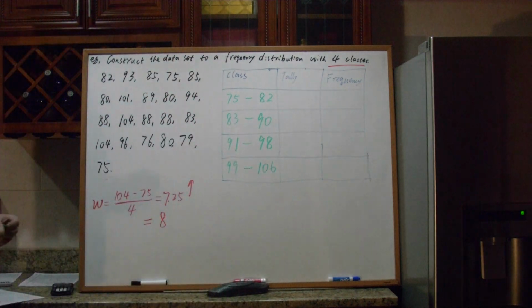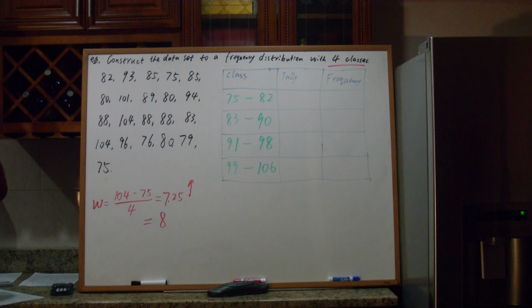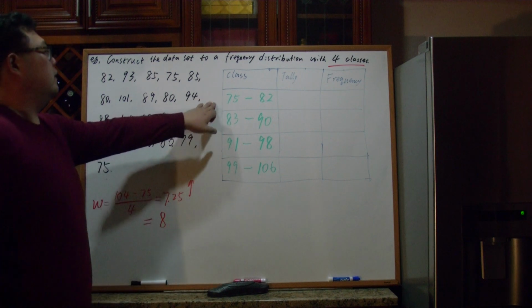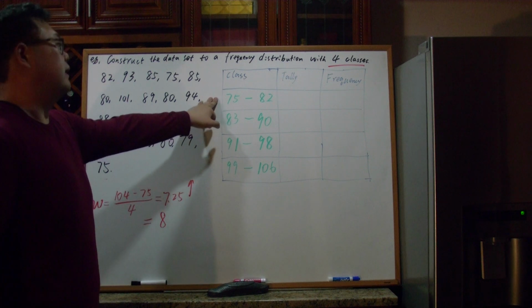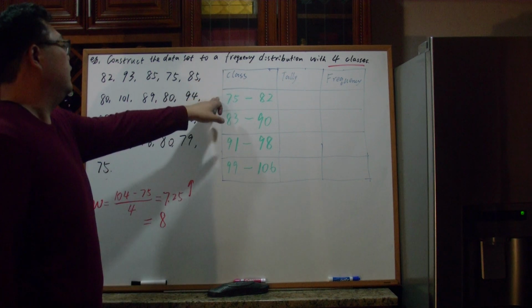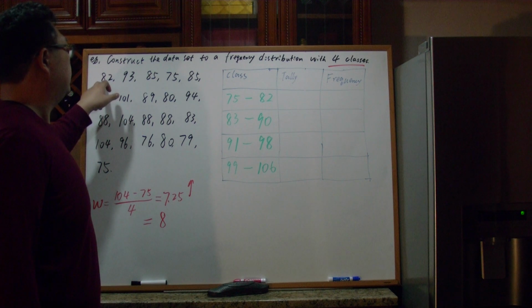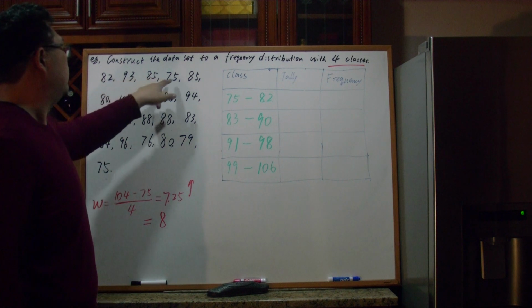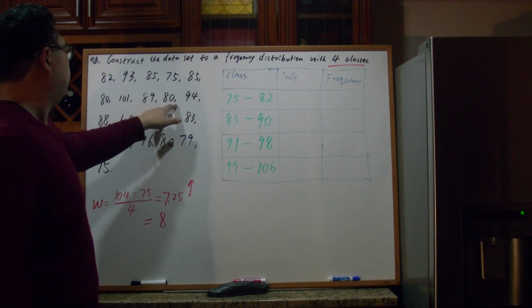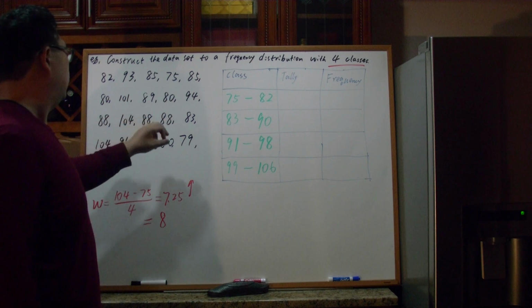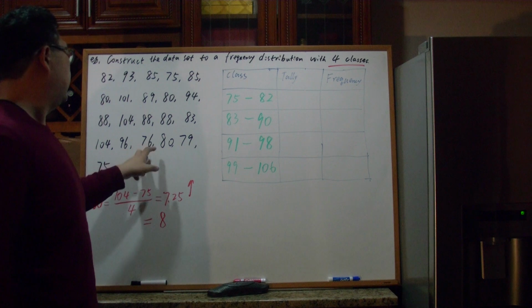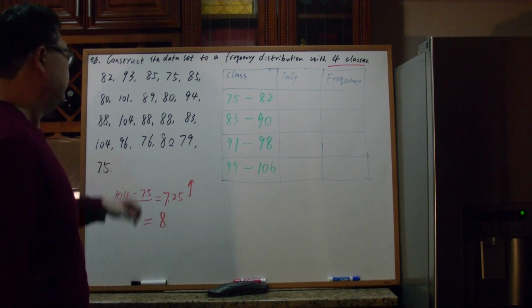Right, so if we count the number of data in each class directly without a tally, we count from 72 to 80, 75 to 82: we get 1 value, 2, 3, 4, 5, 6, 7, 8, right, 8 of them.